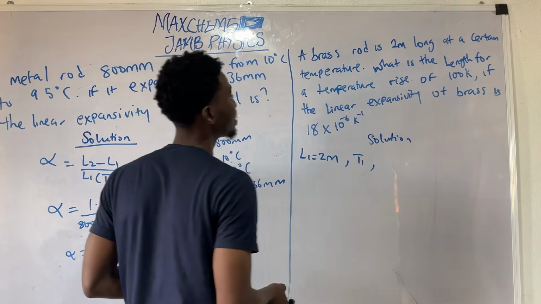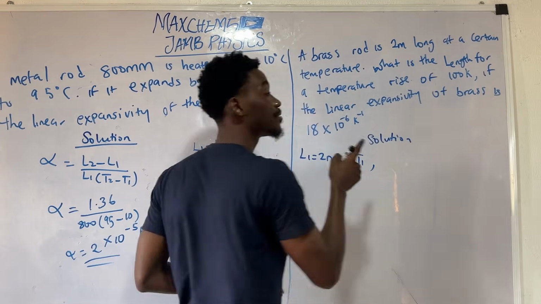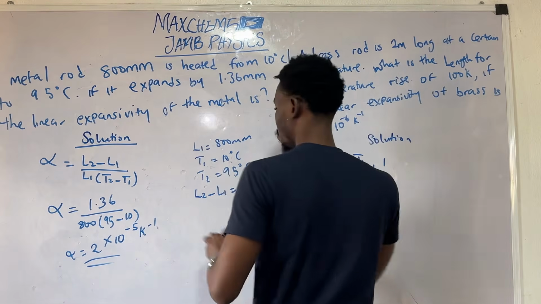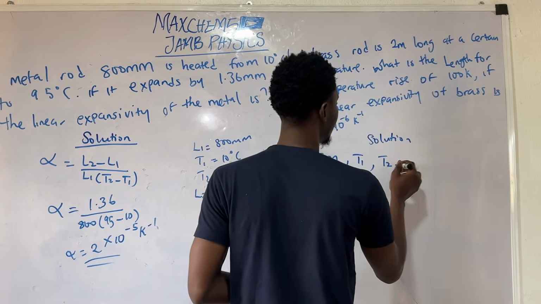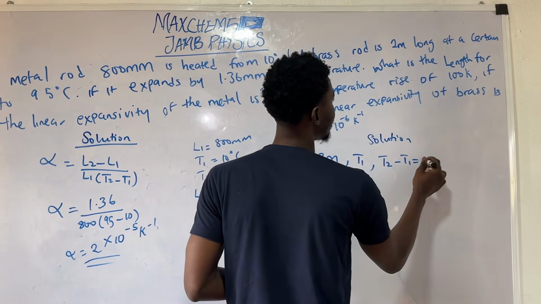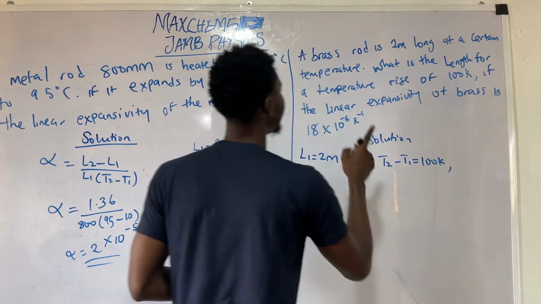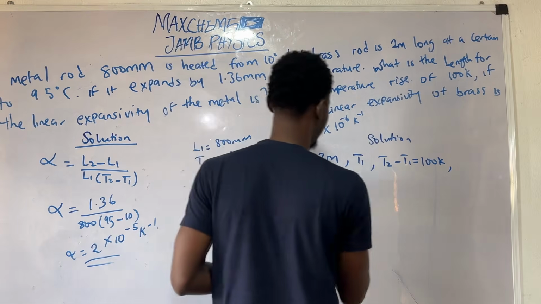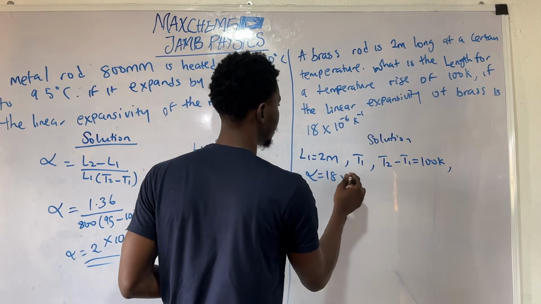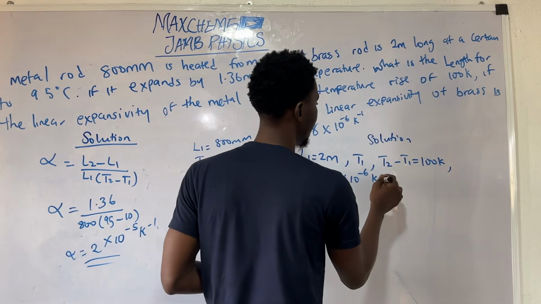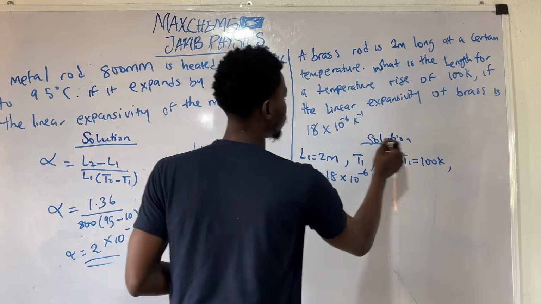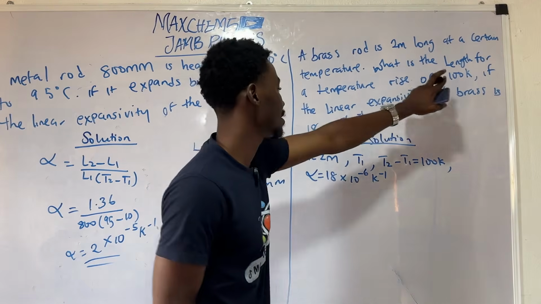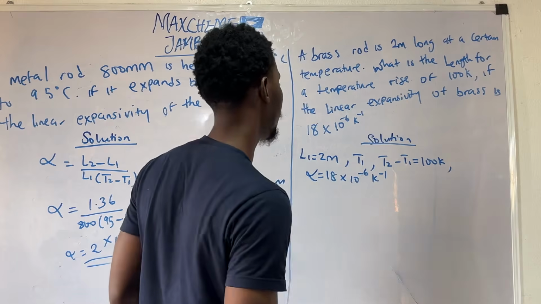They said for a temperature rise, meaning the increase in that temperature. If you can recall from what we did here, in this case a temperature rise will be T2 minus T1, which is equal to 100 Kelvin. If the linear expansivity of brass is this, so alpha is 18 times 10 to the power minus 6 per Kelvin. So what they want us to calculate here is the length for this particular temperature. So they want us to find L2.